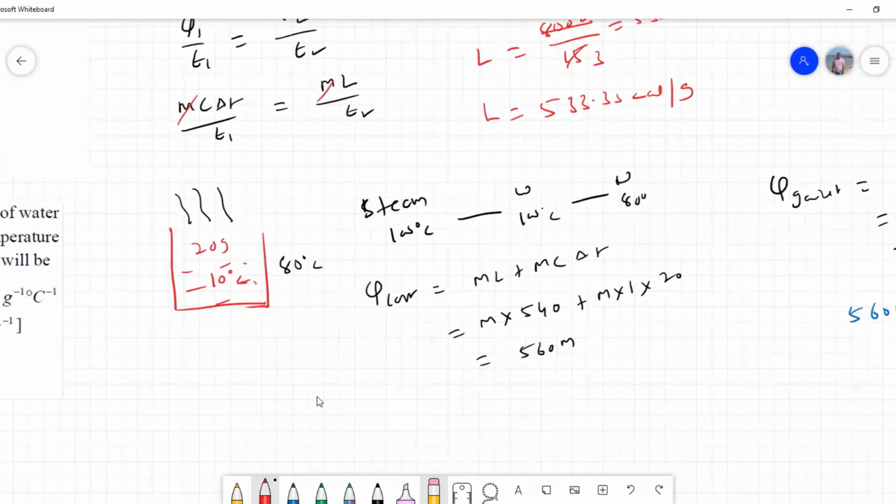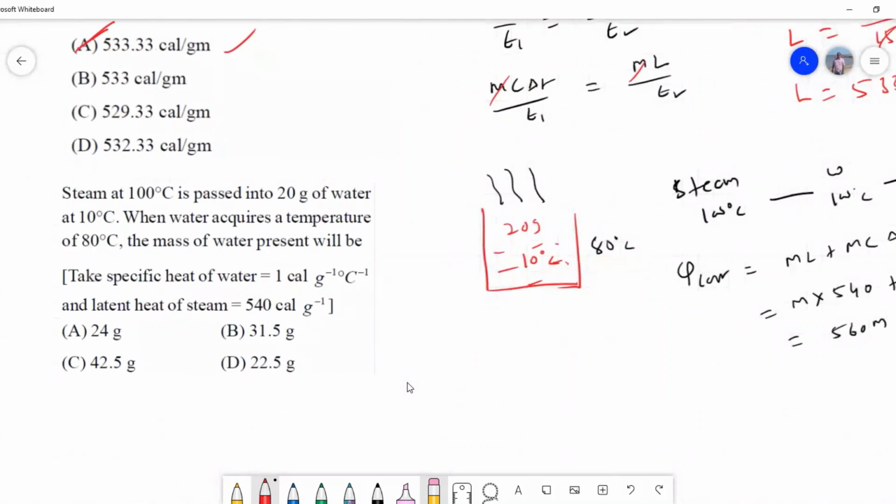So we understand that 2.5 grams of steam has condensed. Already how many grams of water is there? 20. So what is the total mass of water? 20 plus 2.5 grams. So the total mass of water present is 22.5 grams.